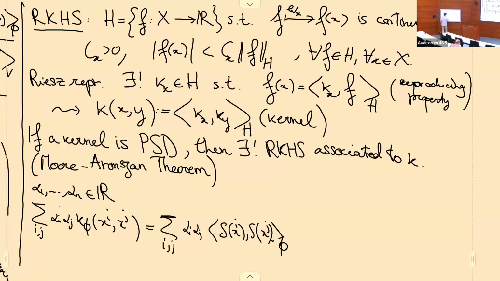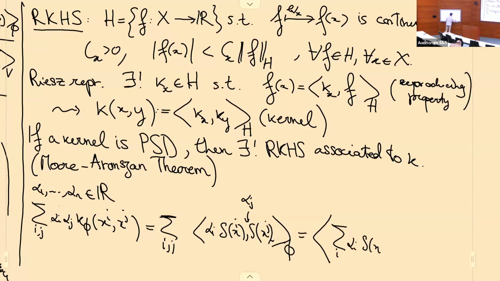Then I can put the alpha_i inside, and also the sums inside. So this becomes the inner product of the sum over i of alpha_i S(x_i) with the sum over j of alpha_j S(x_j), in phi.